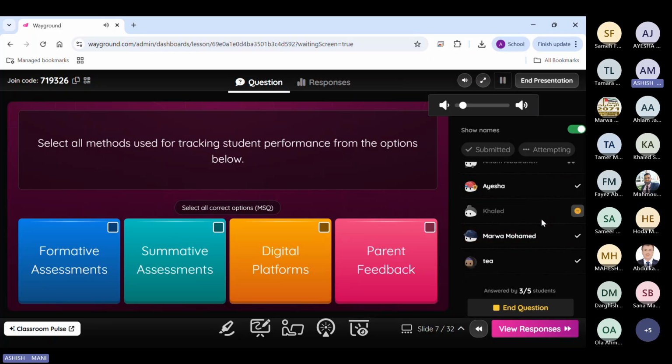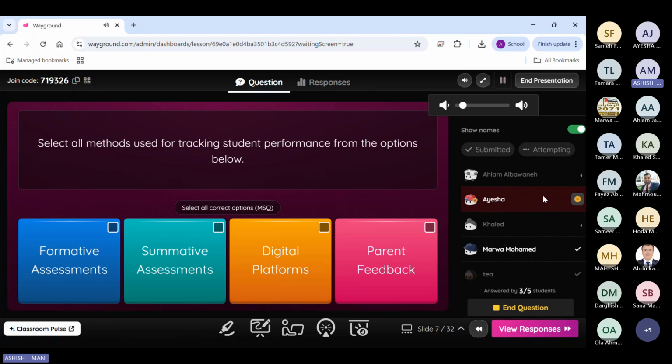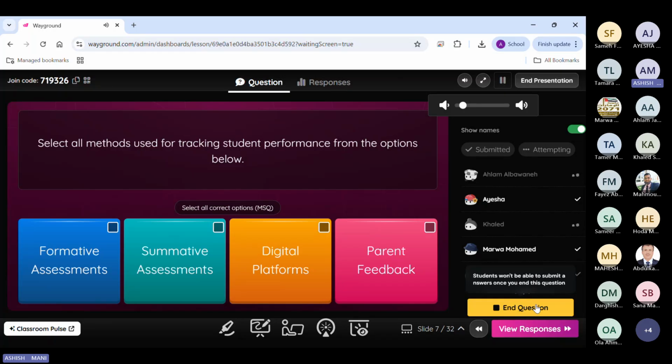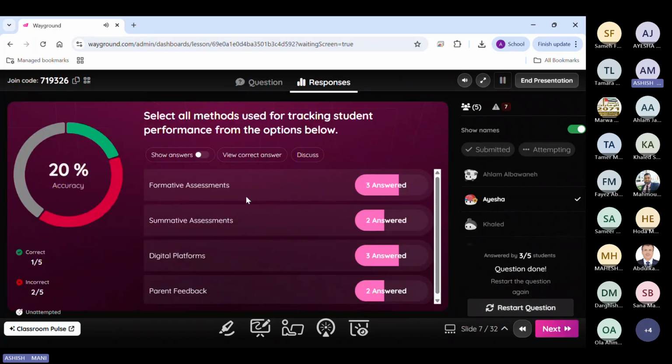Okay, I will end this now. I hope everyone has given the answers. Okay, three teachers gave the answer formative assessment, two gave summative, and three gave digital platforms. All these three are methods from where we can track student performance. Correct.